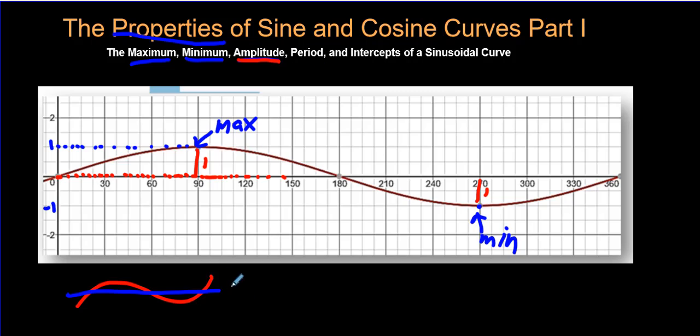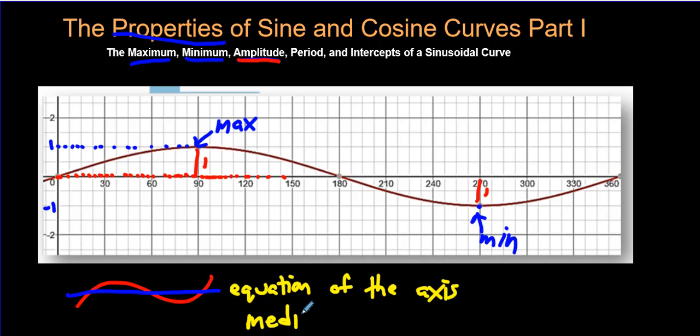Some people call it the equation of the axis. Some people call it the median. Some people just call it the axis of the curve.